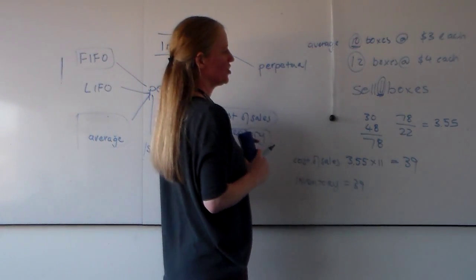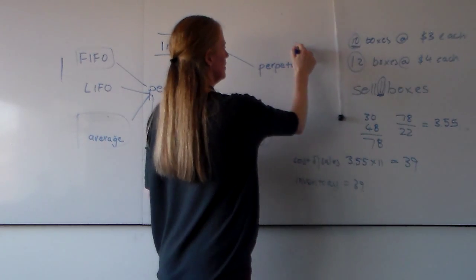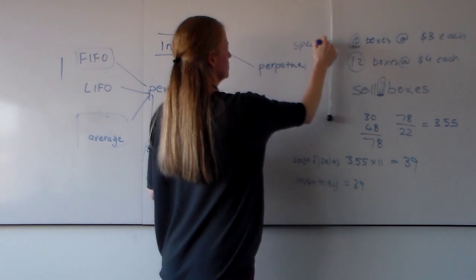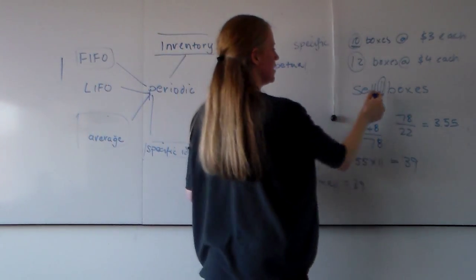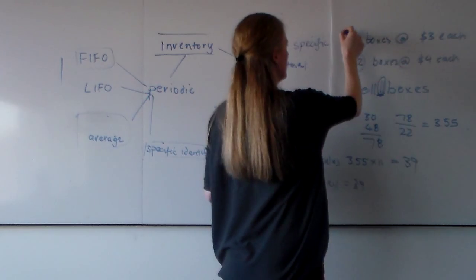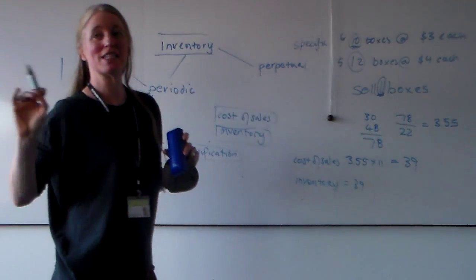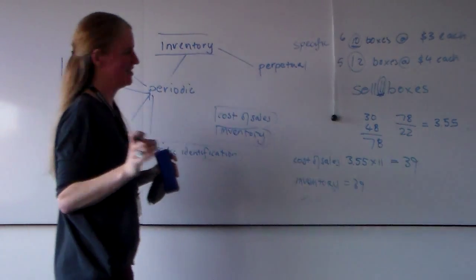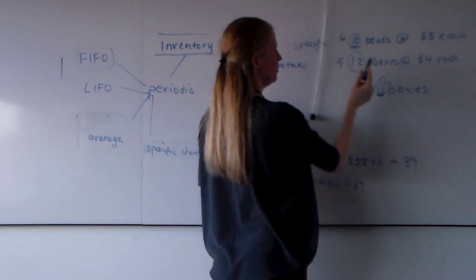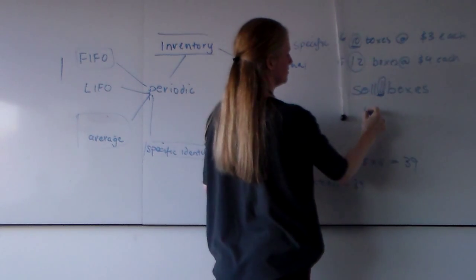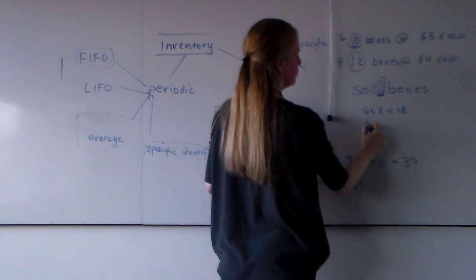So that is average. The last one was the specific identification one. In that case, we say, okay, we sell 11 boxes, and we sell 6 from here and 5 from here. So we actually know exactly which ones we've sold. Obviously in that case, it's pretty straightforward. We just simply go 6 times 3 and 5 times 4.